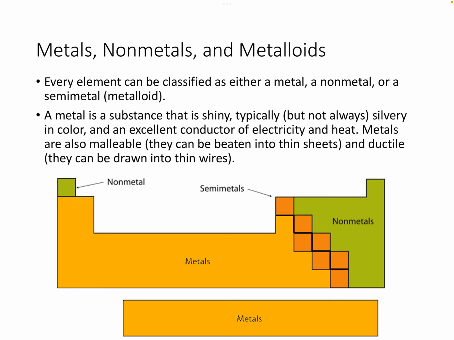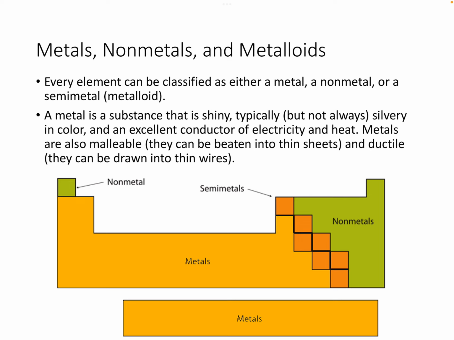And metals are also excellent conductors of electricity and heat. They're also malleable, which means that they can be shaped into sheets. And they're also ductile, which means that they can be drawn into wires. So you might notice that there are copper wires and copper cookware. So a lot of metals can be shaped for our needs.